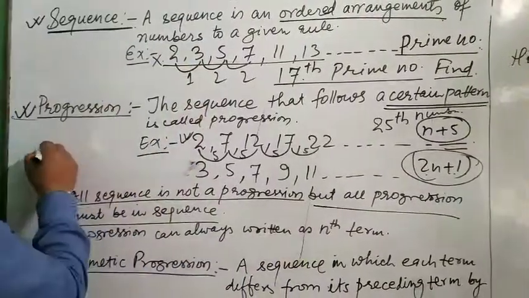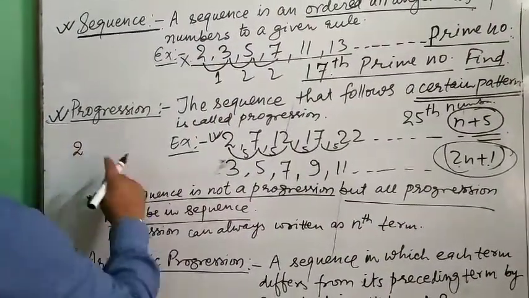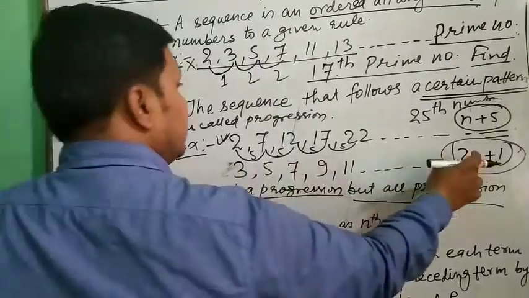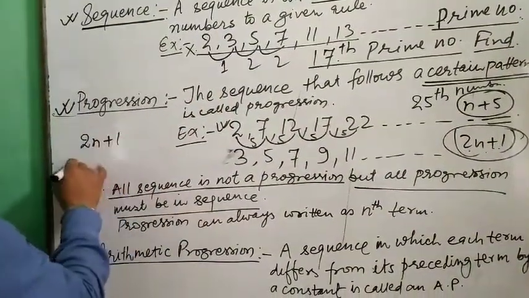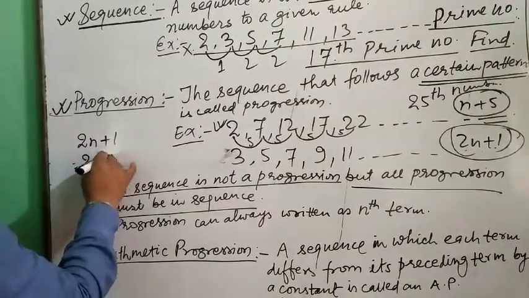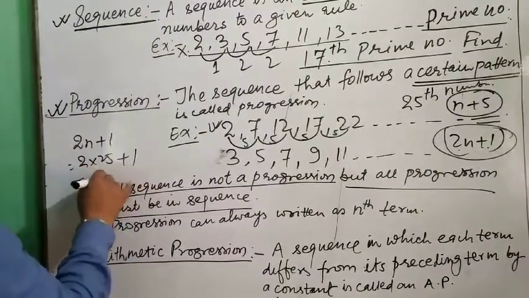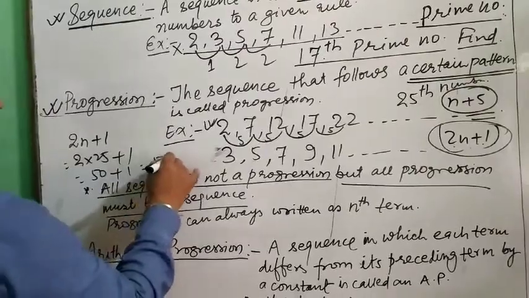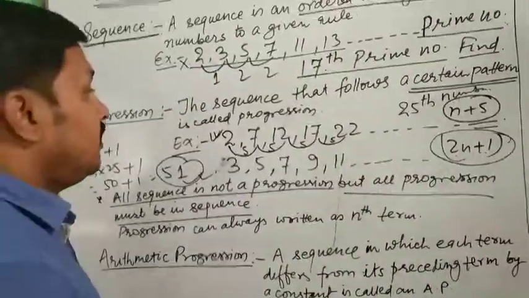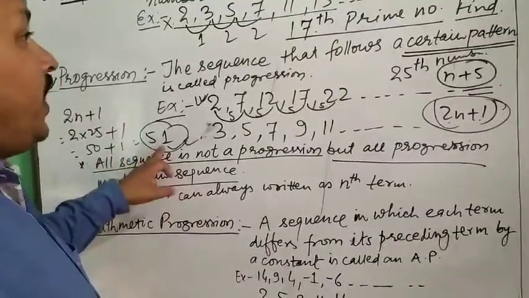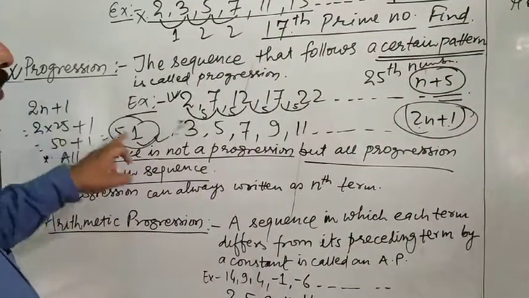Okay, that means here 2n plus 1, that means 2 into 25 plus 1, 50 plus 1, that is 51. This is your 25th number in the progression.